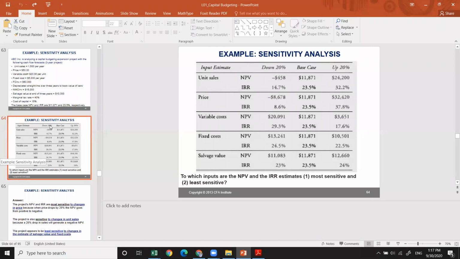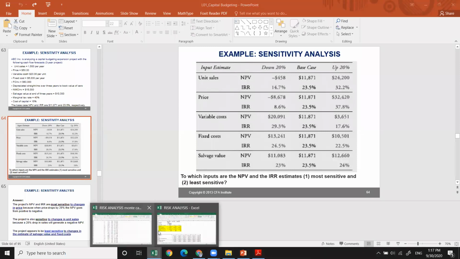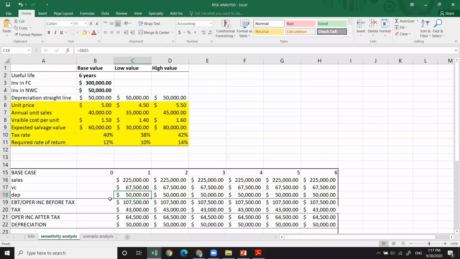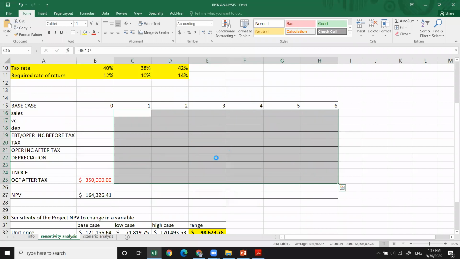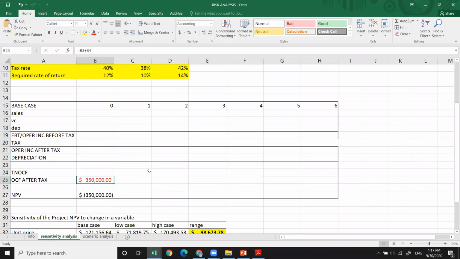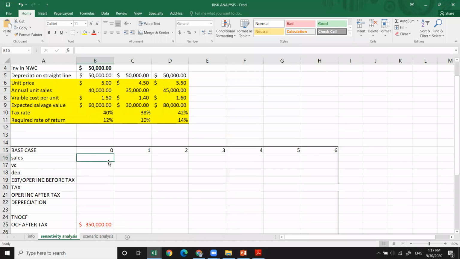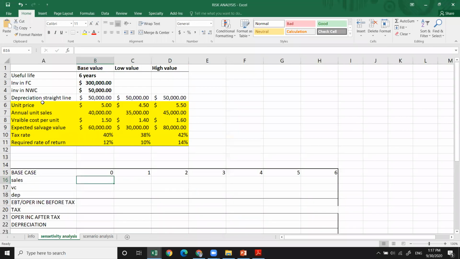So we will take one example, which is in Excel here. Let me just erase this part. So what we do here, this is a table of parameters that are given.